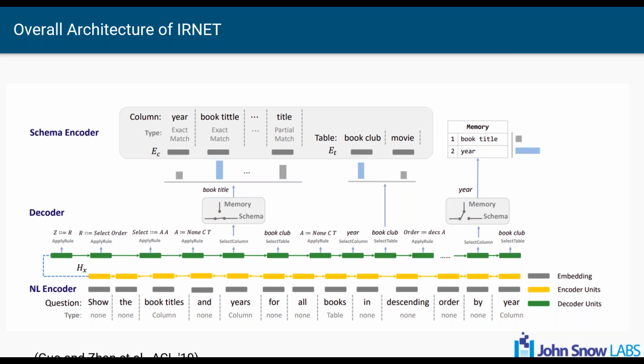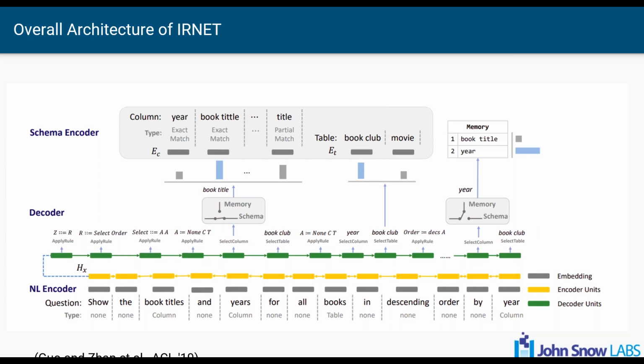We derive this type from the entity schema linking, and we feed both the question and type into the natural language encoder and encode them. We pass the encoded question and type into the decoder, and we use the SQL decoder in order to decode a SQL query.